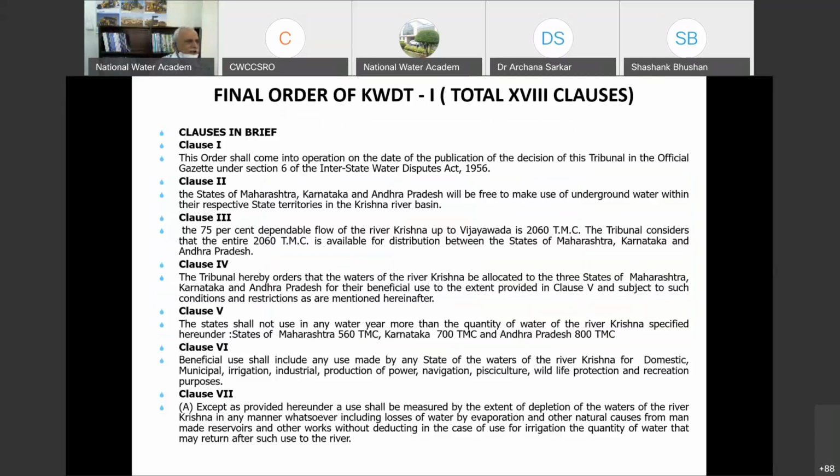While these figures were being worked out by the tribunal, there were a lot of arguments and counter arguments about the sharing of the water. 75% dependability when we are considering, that means in 75% of the years flows generated will be in excess of 2060 TMC. And those flows will be. So what is to be done? And extensively, tribunal has deliberated on these issues.